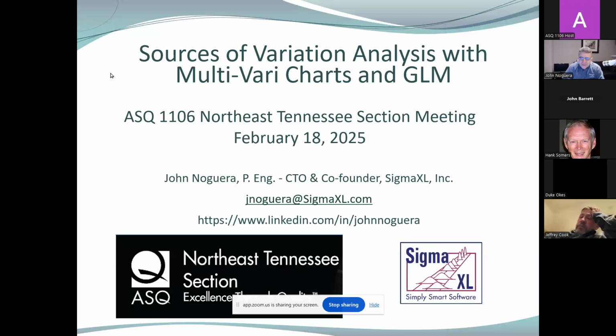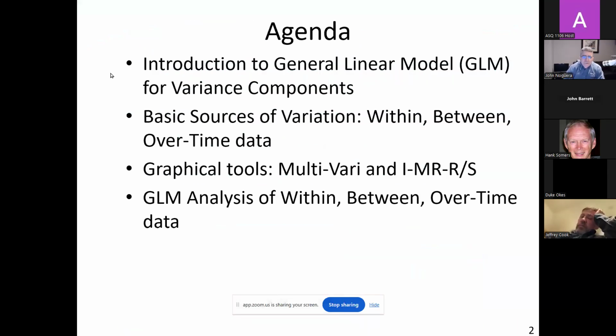Today I'm here to share with you how to improve your process by understanding your sources of variation. That's the focus here. I will introduce the general linear model for variance components. We'll talk about basic sources of variation: within, between, over time.